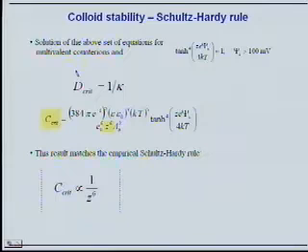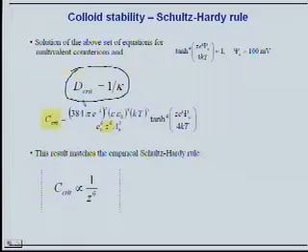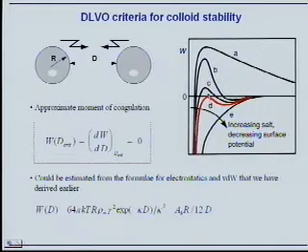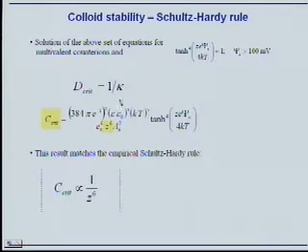What is important, however, is that from the first equation you are obtaining the critical distance, which once crossed, the particles can never go back. This is the distance where if you bring the particles closer than that, they just jump in and never come back. So the critical distance is equal to, surprise, surprise, 1 over kappa, equal to the Debye length. So if you bring the particles closer than the Debye length, they're going to aggregate and never come back.